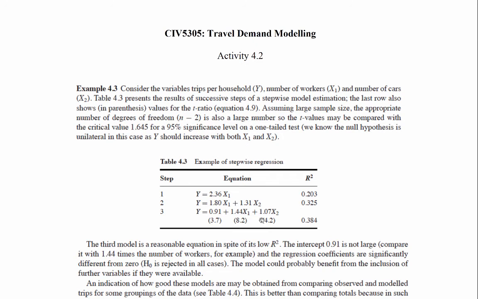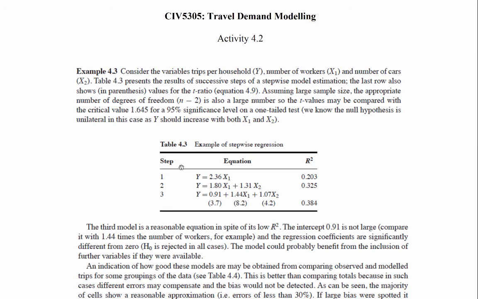And the t values you see here are to test whether the estimated coefficients are statistically significant. Because all the estimated t values are greater than the critical value of 1.6, we can say that the estimated coefficients are statistically significant. But among these three models, which one is the best?